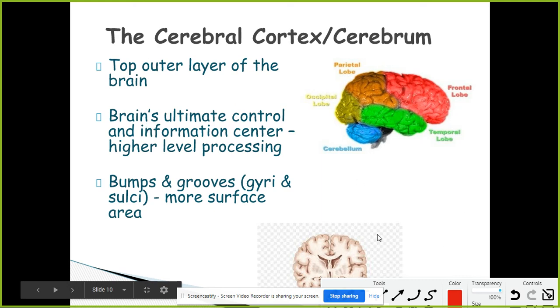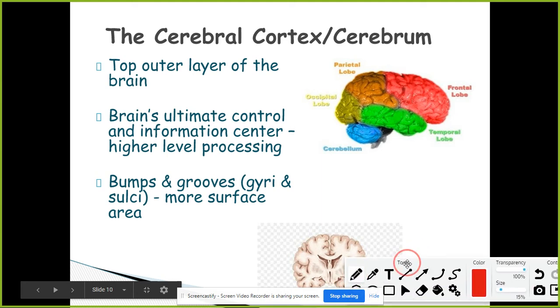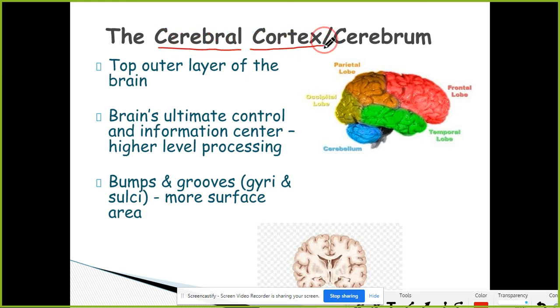We're gonna move outwards to the outer layer of our brain. Okay, about an inch to 2 inches thick, what is called the cerebral cortex. Okay, cerebral means circular, I think, and then a cortex is an outer layer of an organ.